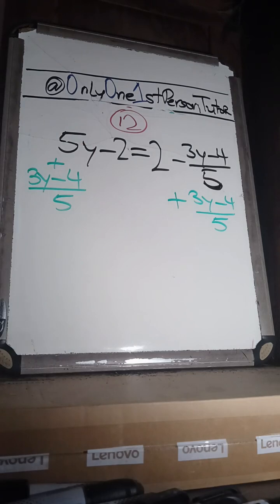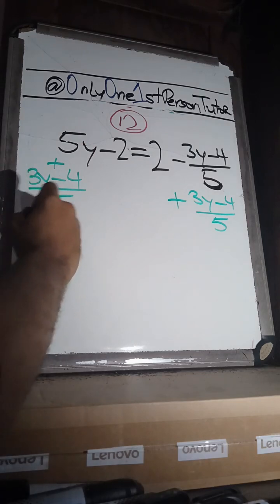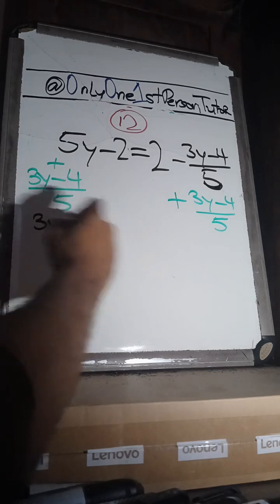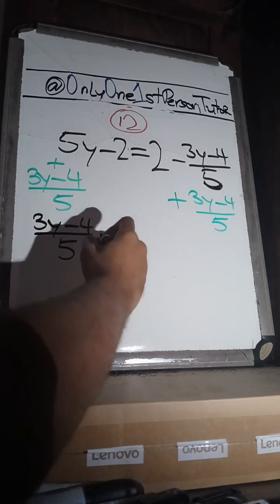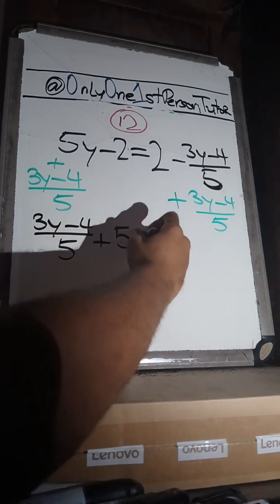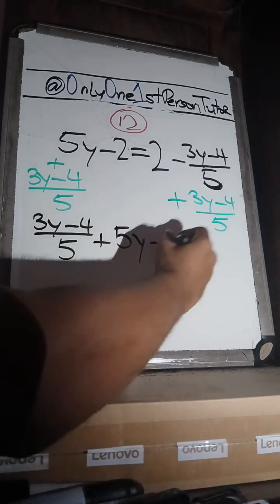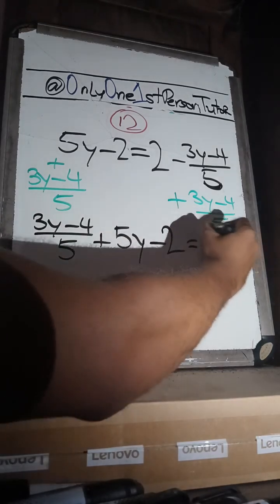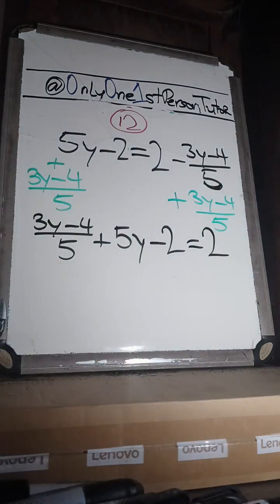So when all is said and done, we have 3y minus 4 over 5 plus 5y minus 2 equal 2. So this green here is the same as this.